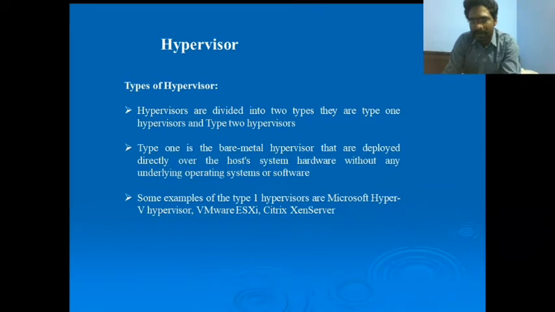So it won't depend upon any software or any other operating system. This is the specialty of the type 1 hypervisor. Some examples of type 1 hypervisors are Microsoft Hyper-V, VMware ESXi and Citrix XenServer.